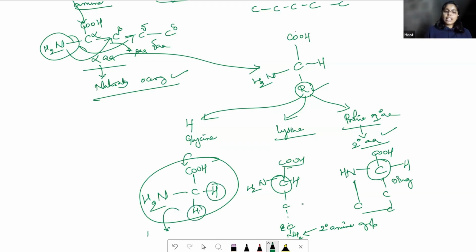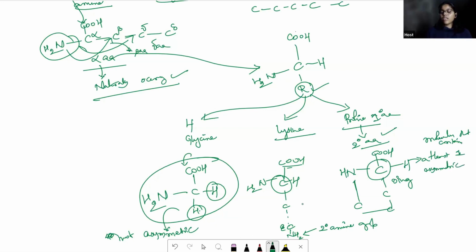Here, this is not asymmetric. If you have a molecule that contains at least 1 asymmetric carbon atom, we call them chiral molecules.